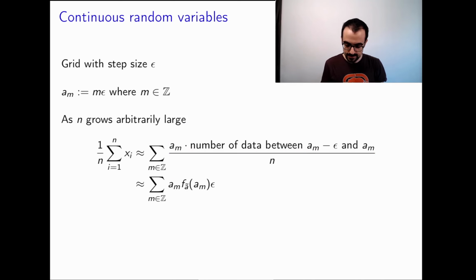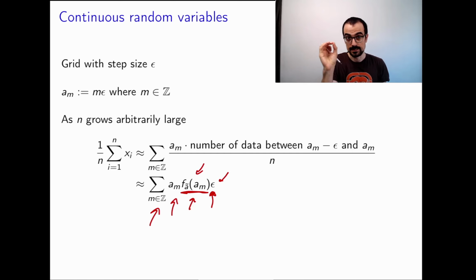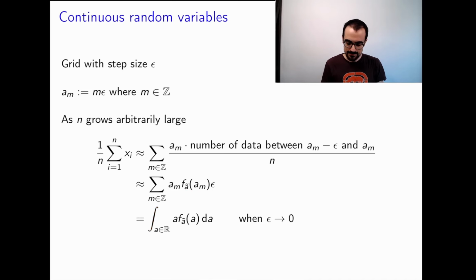Well, it's the density at AM times the width of the interval epsilon. So now I have a sum of some quantity times the density times epsilon on a very, very fine grid. If I take the grid to the limit where epsilon is equal to 0, this, by calculus, is just an integral. So I'm integrating A against the density, and the epsilon becomes a differential.